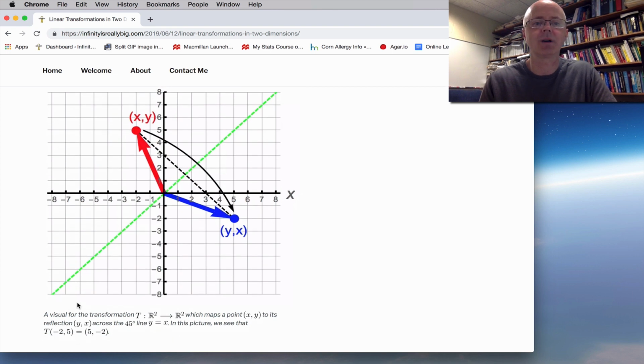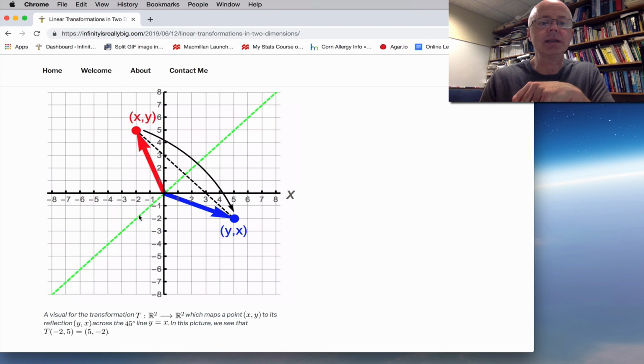Here's a visual. You can see the 45-degree line, this dashed green line. You've got the starting point (x, y) that's above and to the left of that 45-degree green line. You reflect it across that line to another point. What happens to get the reflection? You draw the perpendicular, green, as a perpendicular bisector of the line segment between these two points.